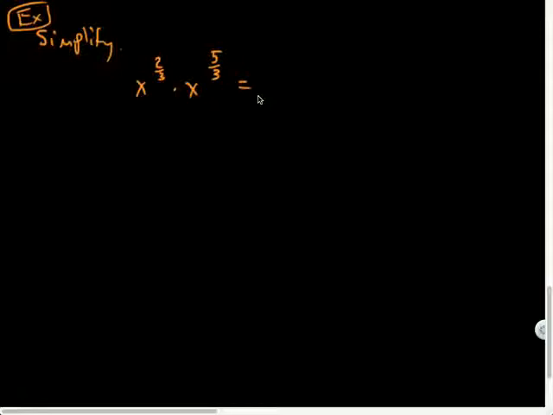Now, multiplying two things of the same base, what do I do with the exponents? x to the 2/3 plus 5/3 equals, let's see, 2/3 plus 5/3. I might even need to find a common denominator for some of these problems, just so you know.